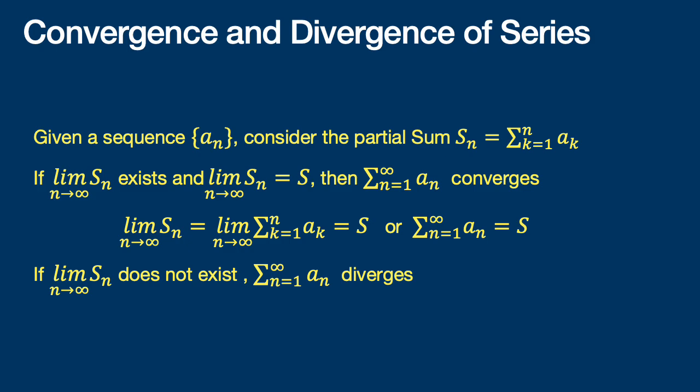Formal definition of series right here. The limit as n approaches infinity of S_n is the partial sum limit. The partial sum in sigma notation is sigma k equals 1 to n of a_k. If the limit of this partial sum exists and equals S, we say the infinite series converges, and the sum of the infinite series is S. If the limit of partial sum does not exist, the infinite series diverges.